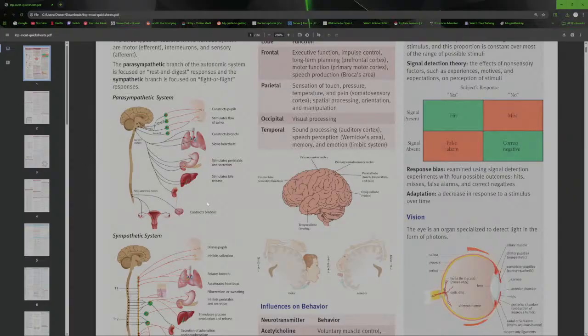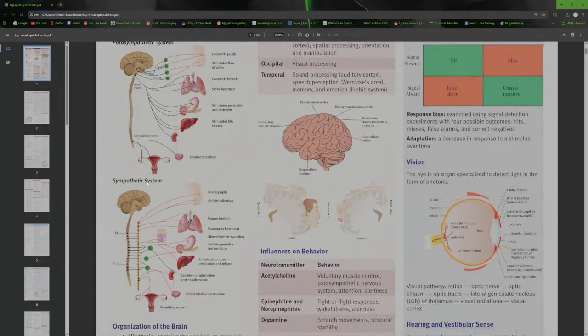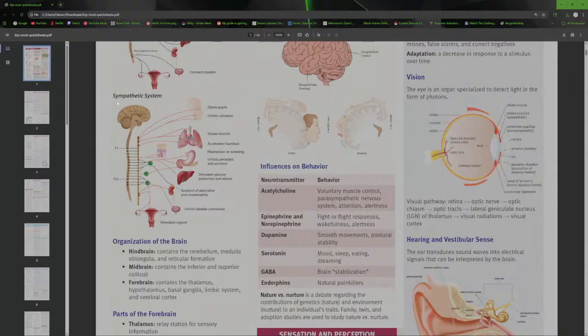Kidneys, bladder, same thing. We want to activate these because we won't activate them in the sympathetic system, because the sympathetic system is for fighting or flighting. That's why we want to have our pupils dilated so more light can come in to help us see our environment better, to see if there are any other external dangers.